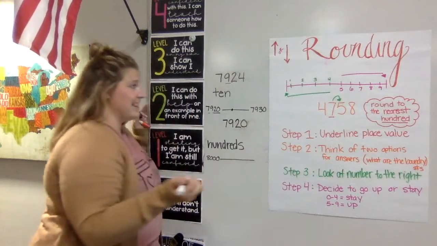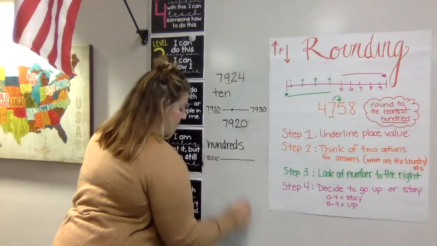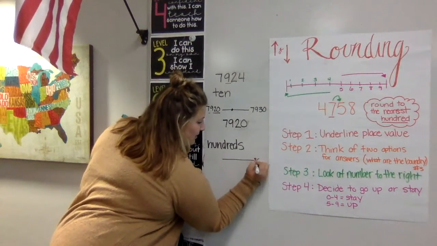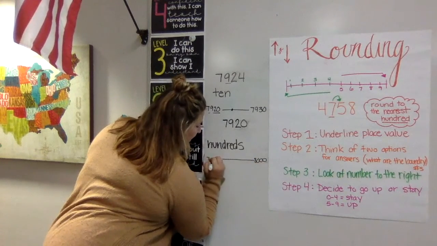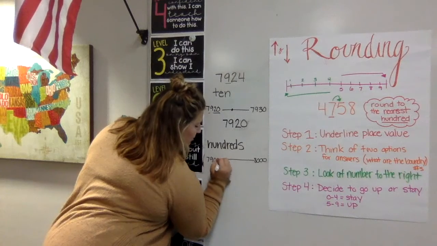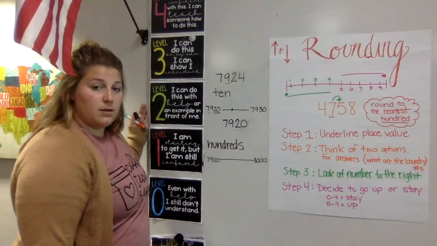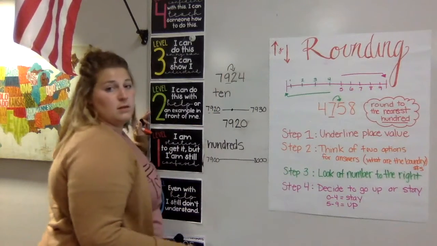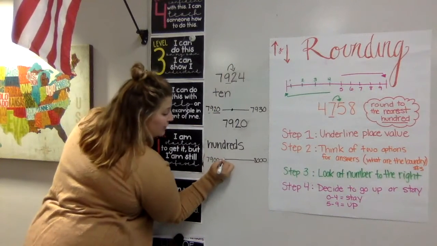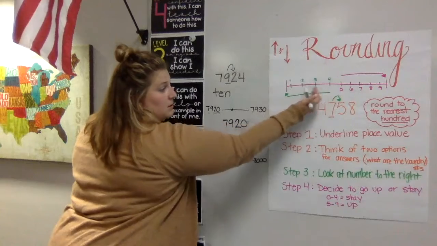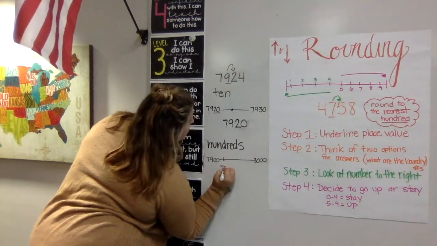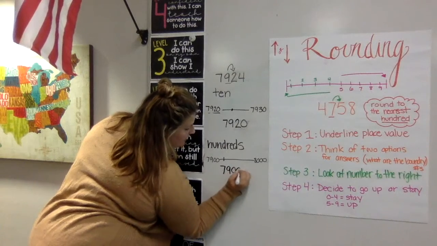So it's either 8,000 or, I'm so sorry, 8,000 or where I already am, 7,900. I look next door. The 2 is going to be on this side, meaning I'm going to stay where I am again, 7,900.